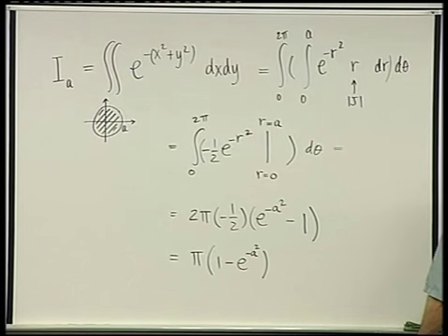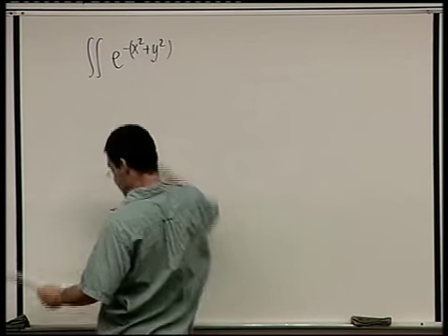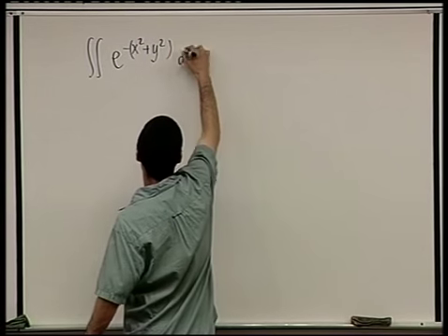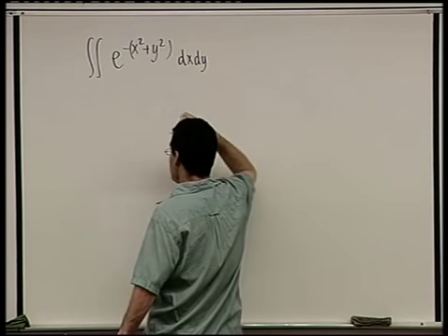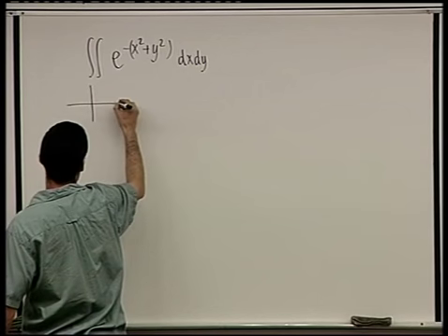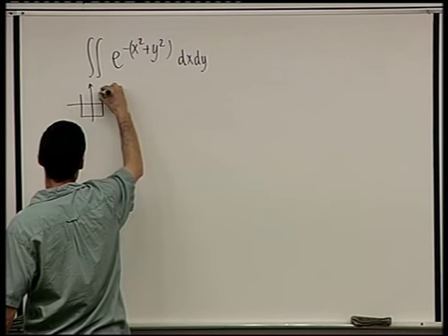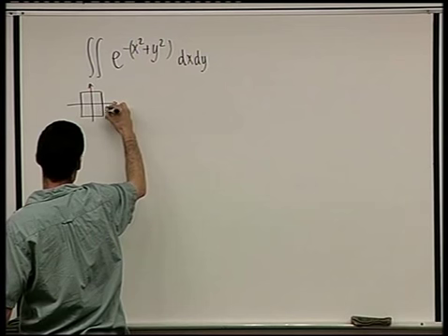Now let's look at another double integral of the same function, e to the minus x squared plus y squared, dx dy. But now I'm going to do it over a different region. Now I'm going to take the region to be a square, where this is a.